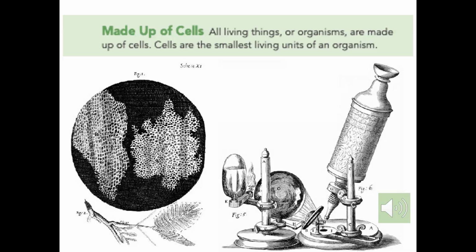He looked at cork, which is simply pieces of a tree, under the microscope, and he noticed that there were these boundaries. He called them cells, like jail cells, and so he coined this word cell. A cell is the smallest living unit of a living thing.